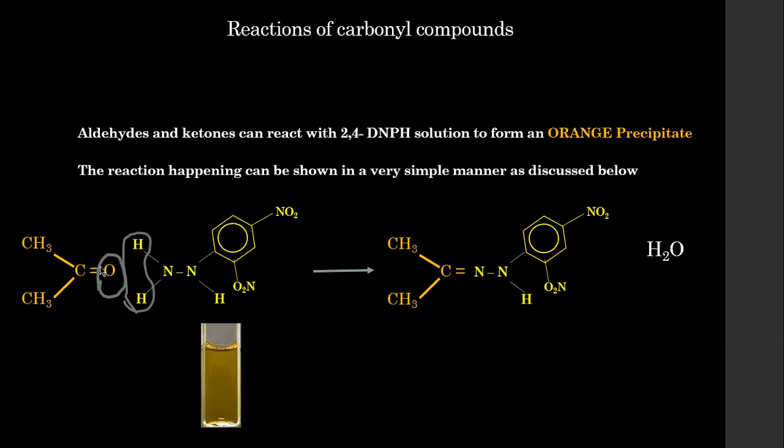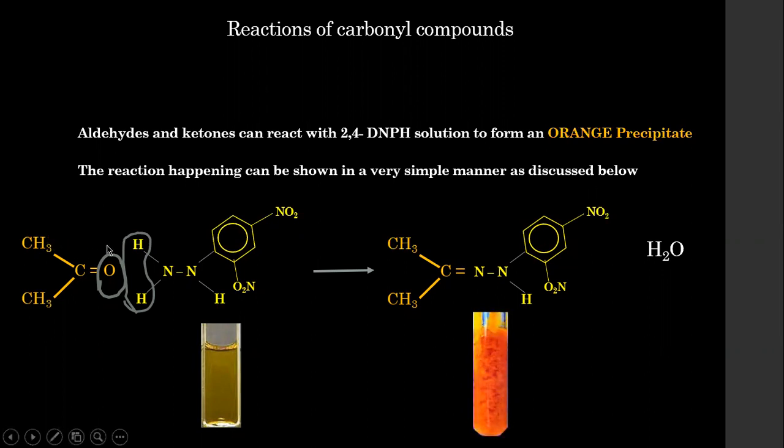See, when this carbon atom over here in the ketone join with the nitrogen in the 2,4-DNPH, a double bond is created between them. And this has a very nice color, a precipitate. See, this is the color of the precipitate form.